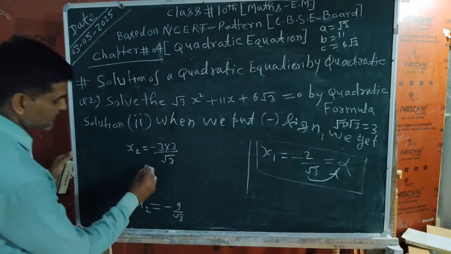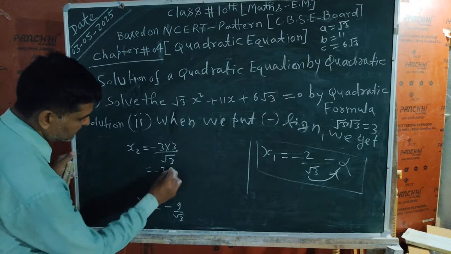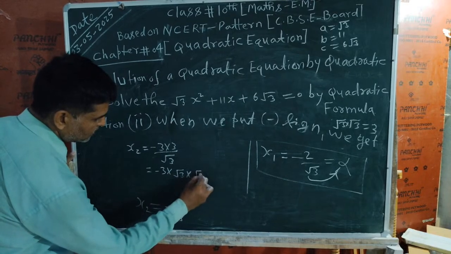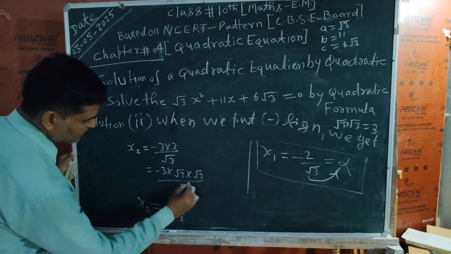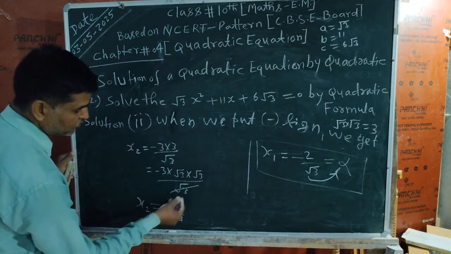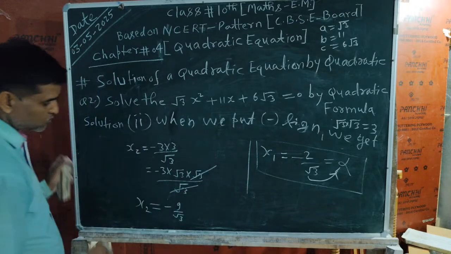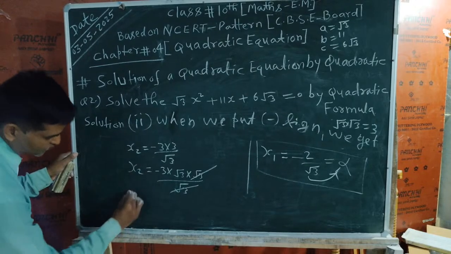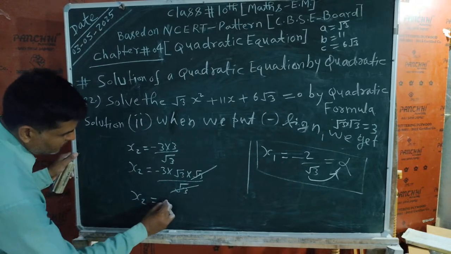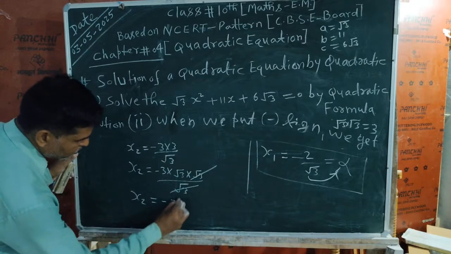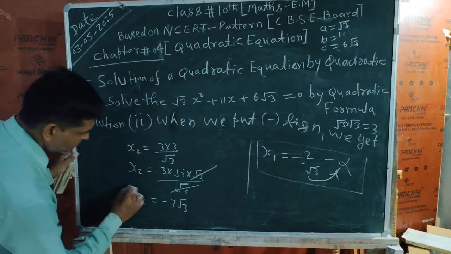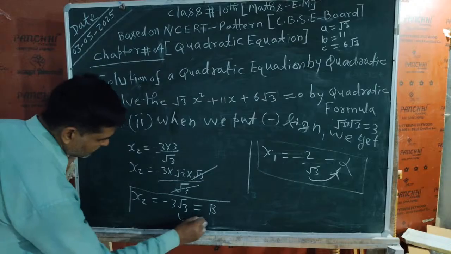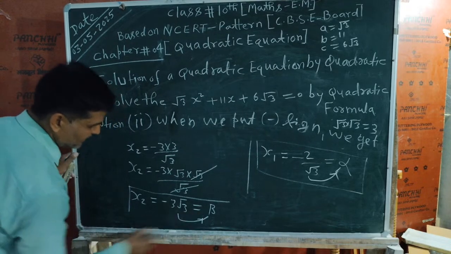So in place of this 3 I am going to write root 3 into root 3 divided by root 3. So root 3 and this root 3 will cancel out after simplification. On the left hand side here will be x2. So x2 is equal to minus 3 root 3. So this is the final simplification, and I will say this is the value of beta, because this value I am going to assign to beta.